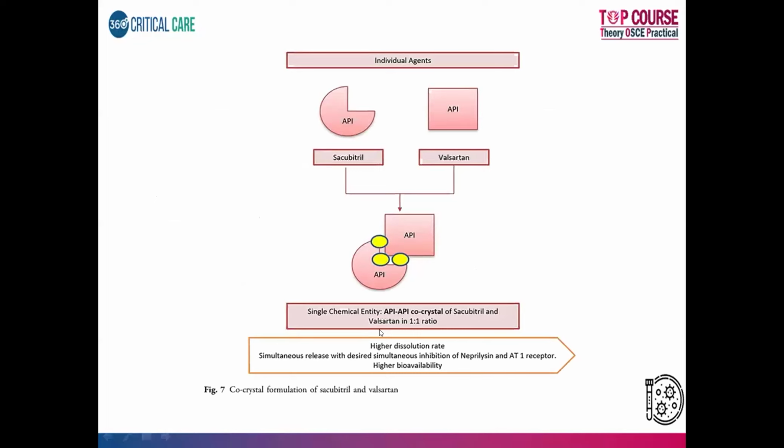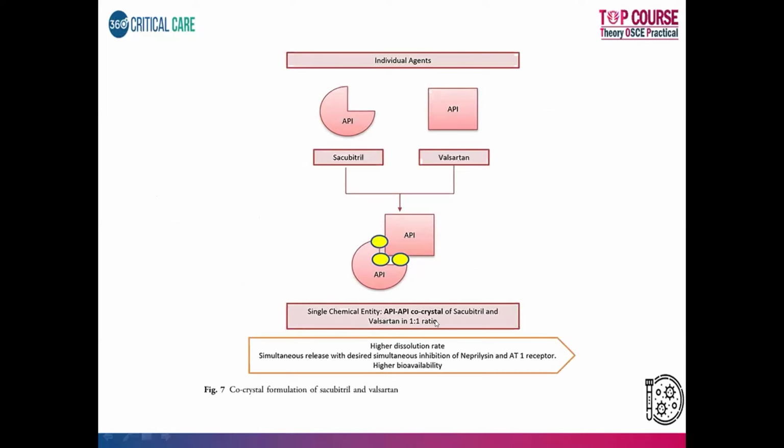Now this is important. Something known as co-crystal formation of sacubitril and valsartan. So if you see individual agents, how they look, sacubitril and valsartan. So when you combine it, that is known as co-crystal formulation. Okay, so the single chemical entity of sacubitril and valsartan in 1:1 ratio.